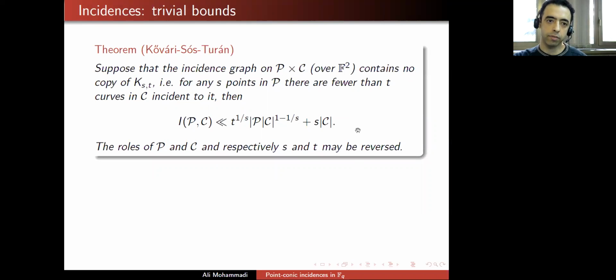So firstly, what do we know just combinatorially and using nothing about the fields. We recall the result, which really was just about graphs.